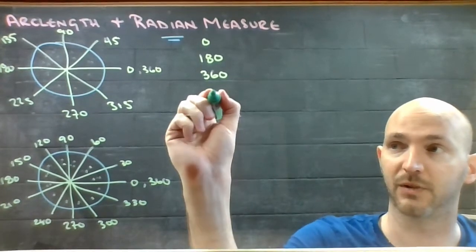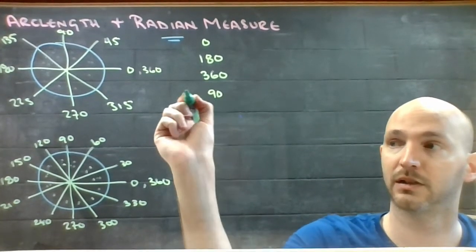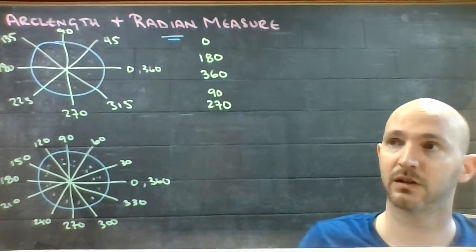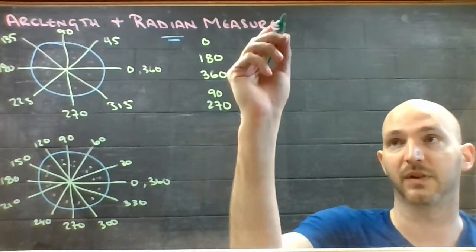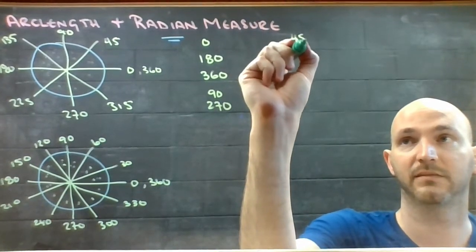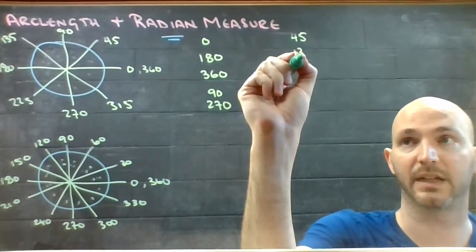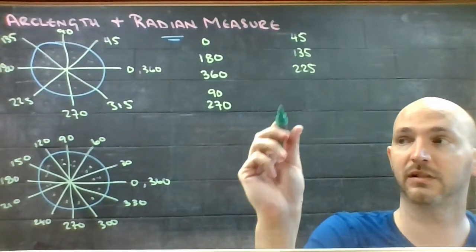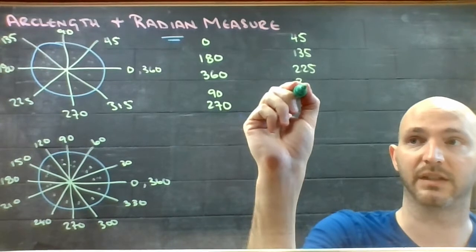And then I'm going to go with 90 and 270. And then I'm going to do 45, 135, 225, and 315.